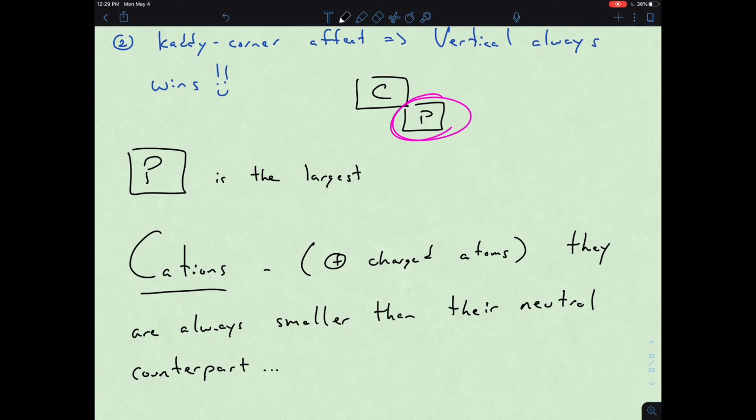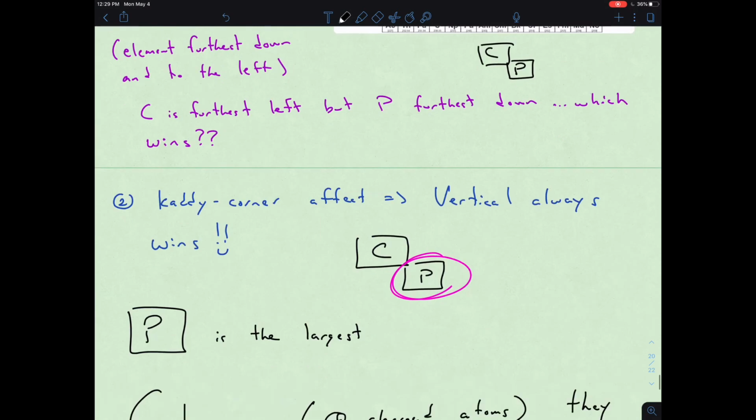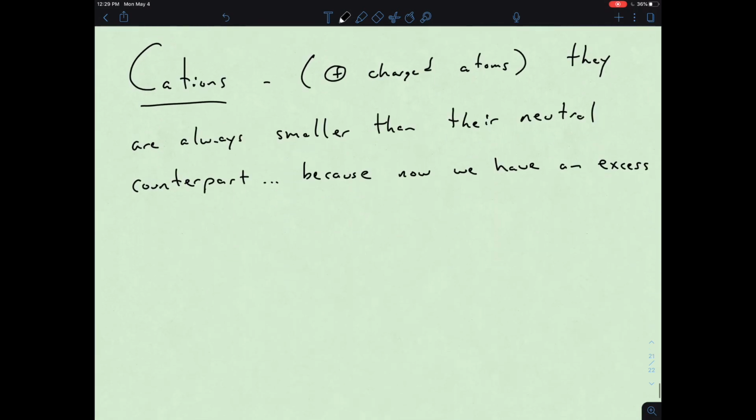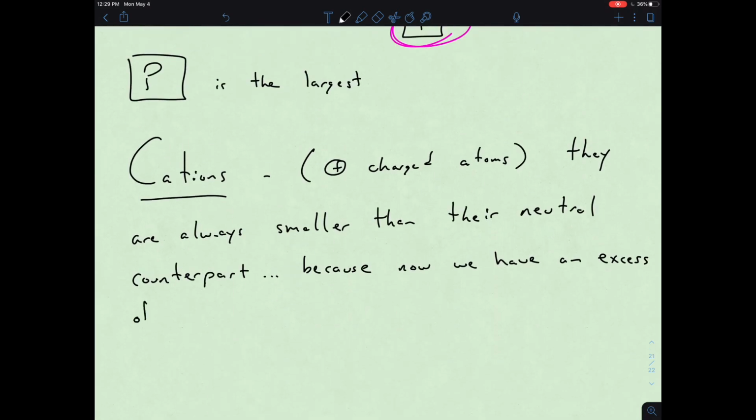And that's because now we have an excess of protons because we are positively charged.